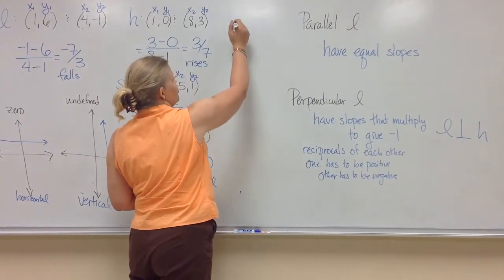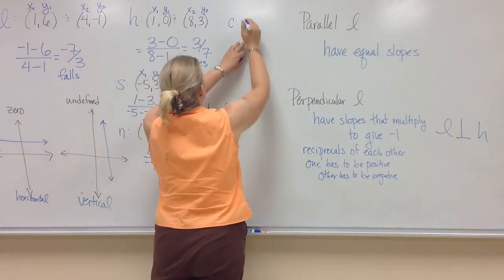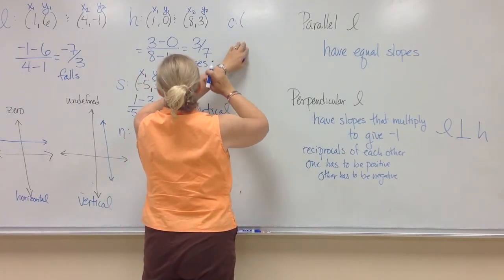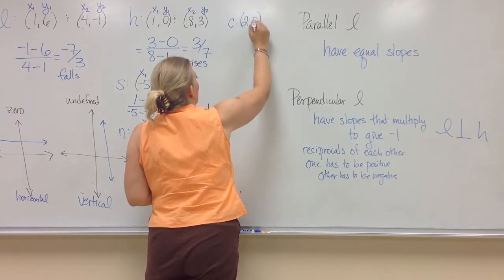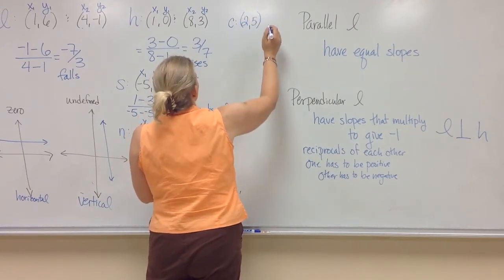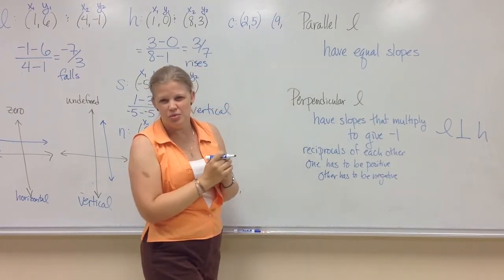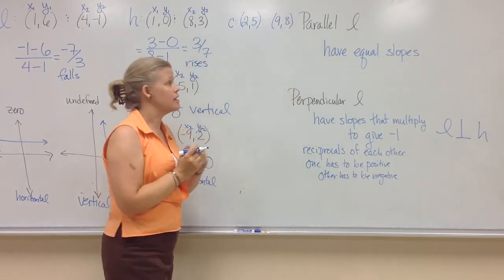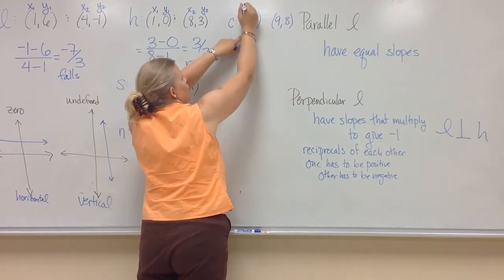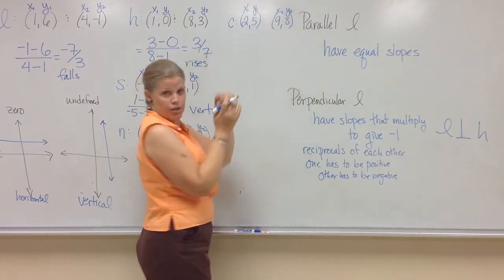Okay? I'm going to give you one more point. We're going to call it line C. It's got a pair of points, and we're going to do 2, 5, and then we're going to do 9. I'm going to do really easy numbers so it comes out quick. Okay? 9, 8. Well, let's label X1, Y1, X2, Y2.